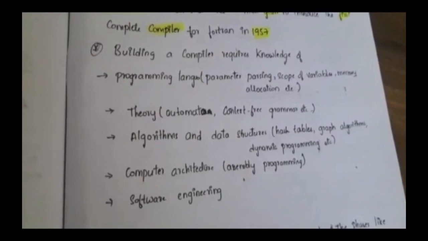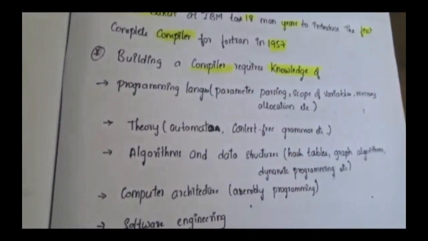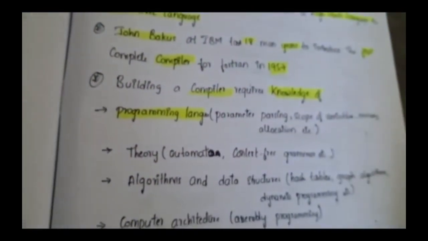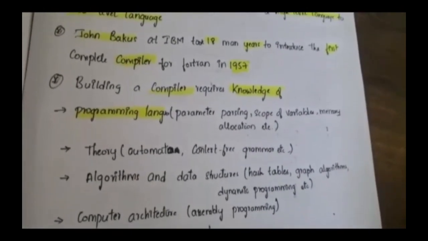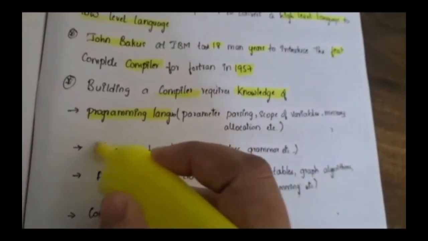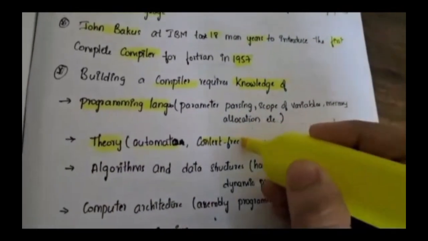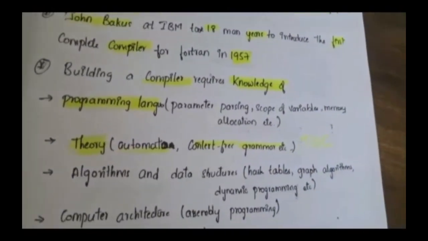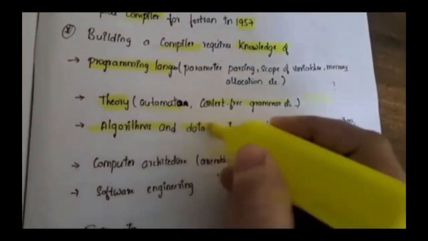Now, let's understand, to build a compiler, what knowledge is required? First and foremost, you require programming knowledge. In programming languages, we have parameter passing, scope of variables, memory allocation, etc. Next, we need theoretical knowledge, in which we have automata, context-free grammar, etc., which comes under the concept of TOC. Then come algorithms and data structures.